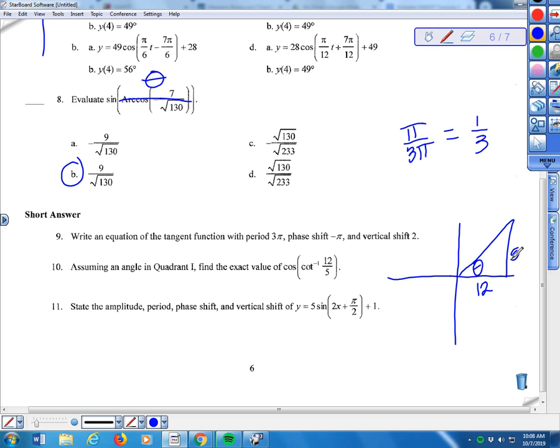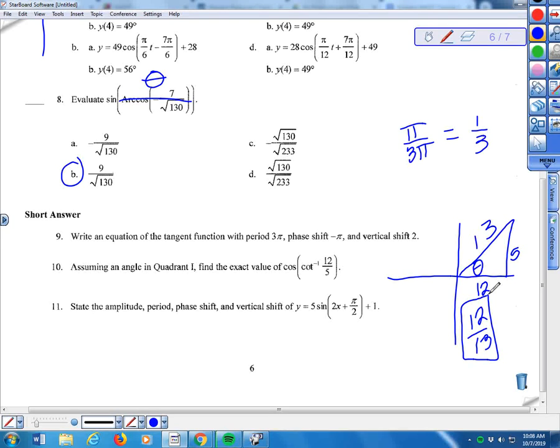Now I've got to find the hypotenuse. 144 plus 25, that's a triple. Okay, and then we take cosine. So that's the answer.